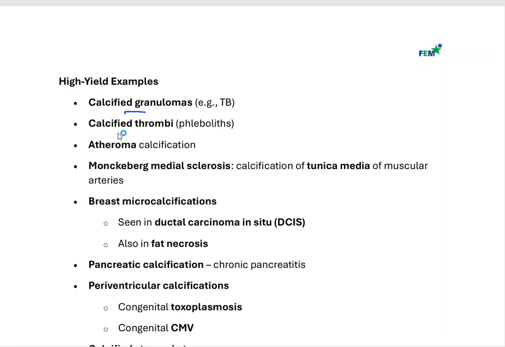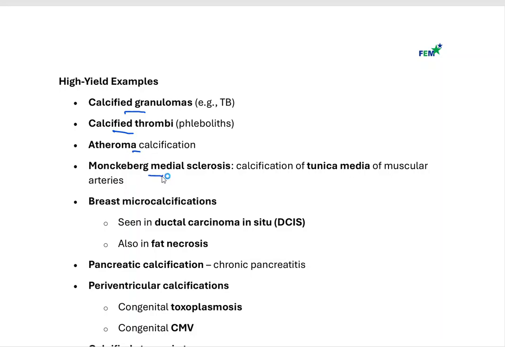The next example there is calcified thrombus. If you have a blood clot that is chronic, then calcium could deposit in those blood clots. Next is atheroma calcification. In the case of atherosclerosis and atheroma formation, with time, calcium could deposit in those atheroma.